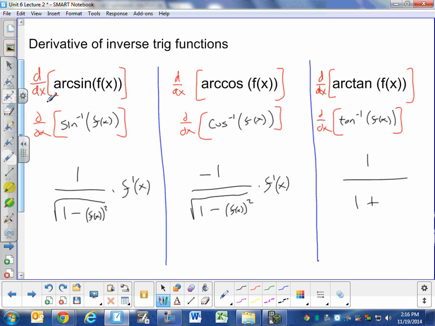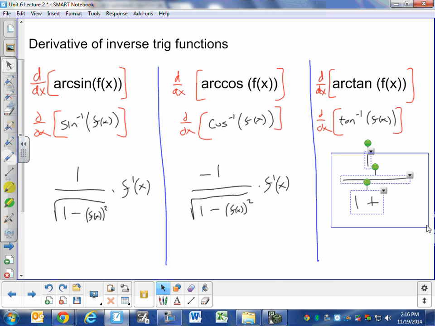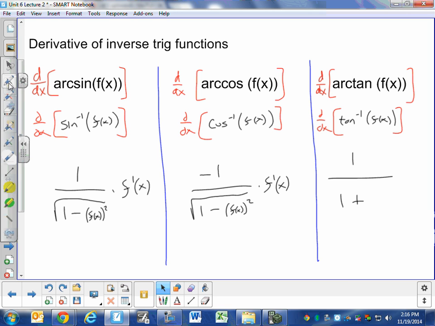Once again, if this was just x, this would be just x squared. Since it is a function, it would be the function squared, times the derivative of the function. And that's it. If we just remember these rules, we're good.